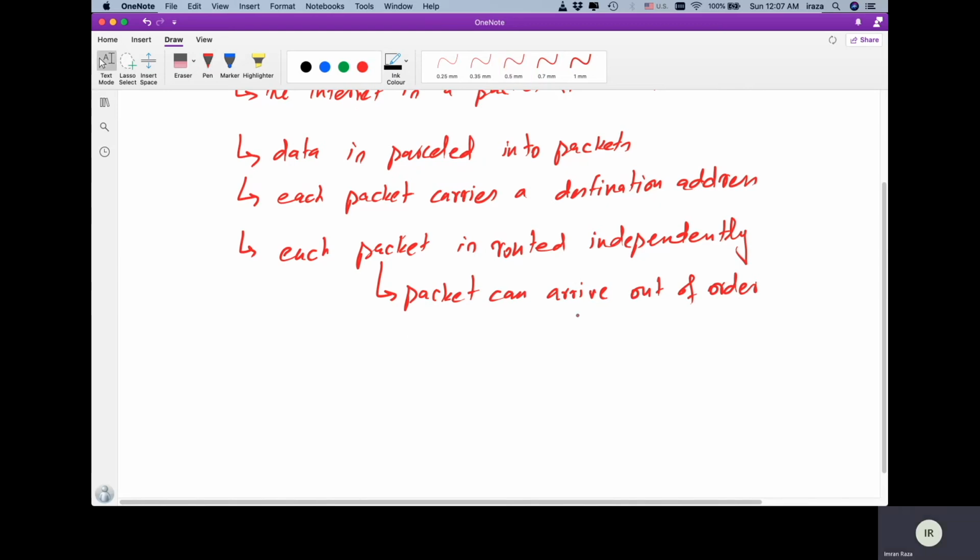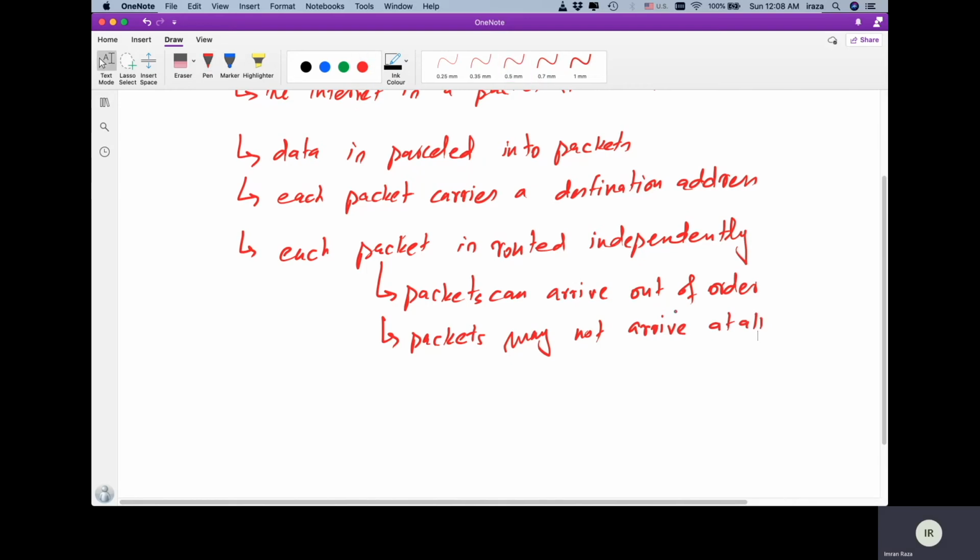Okay, and it is also possible that packets may not arrive at all. Packets may not arrive at all means the packet is lost, right?